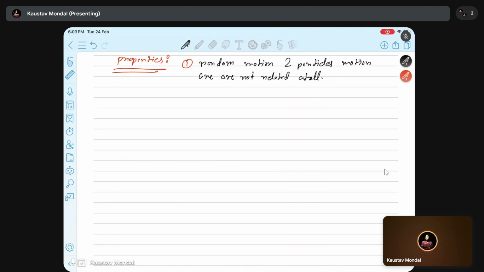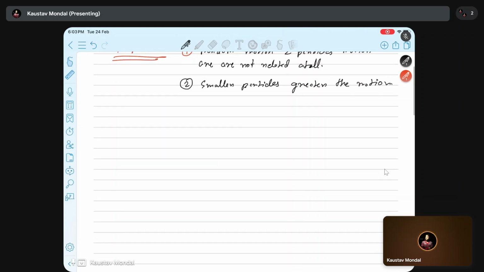We also discussed that for smaller particles, the motion is greater. What is the reason behind this? Let's suppose in a solvent medium we put some Brownian particles.